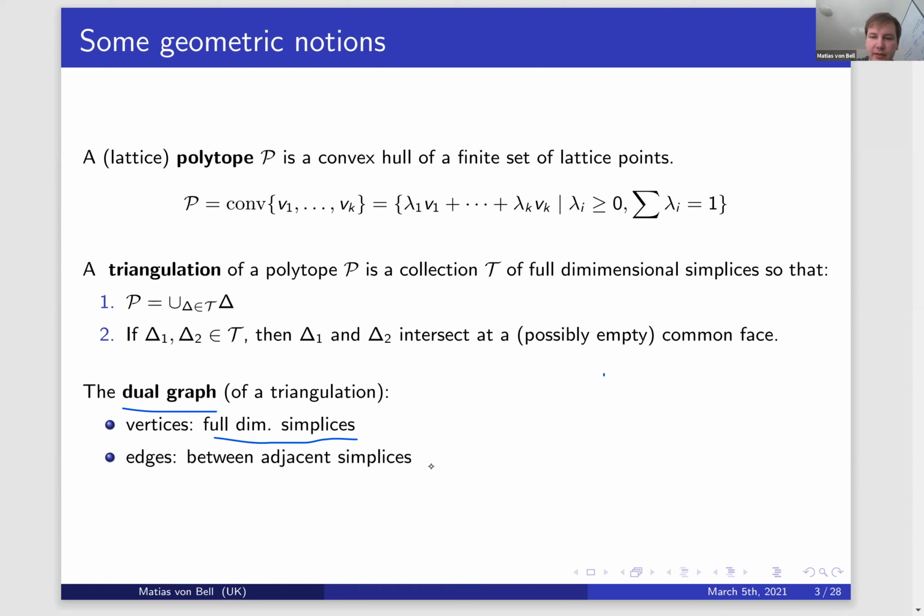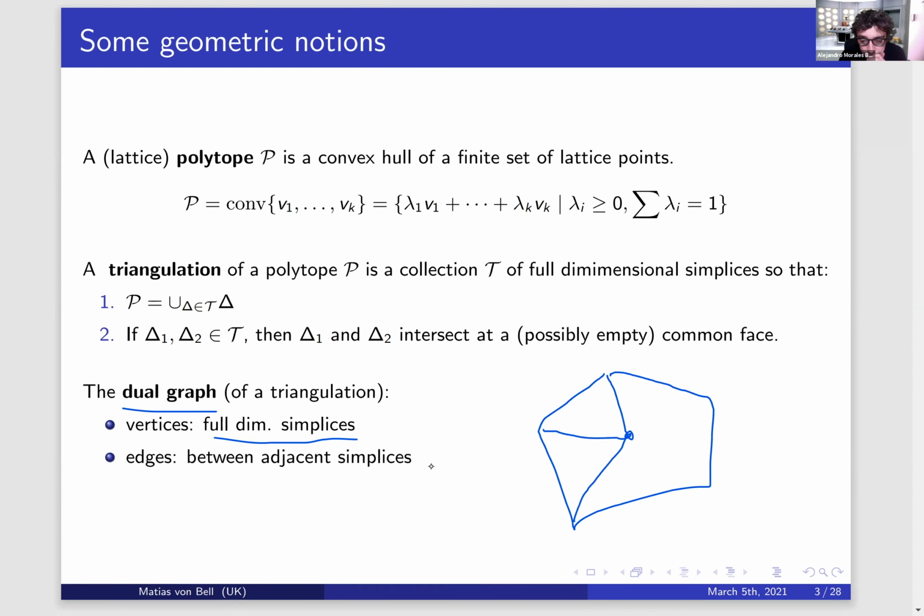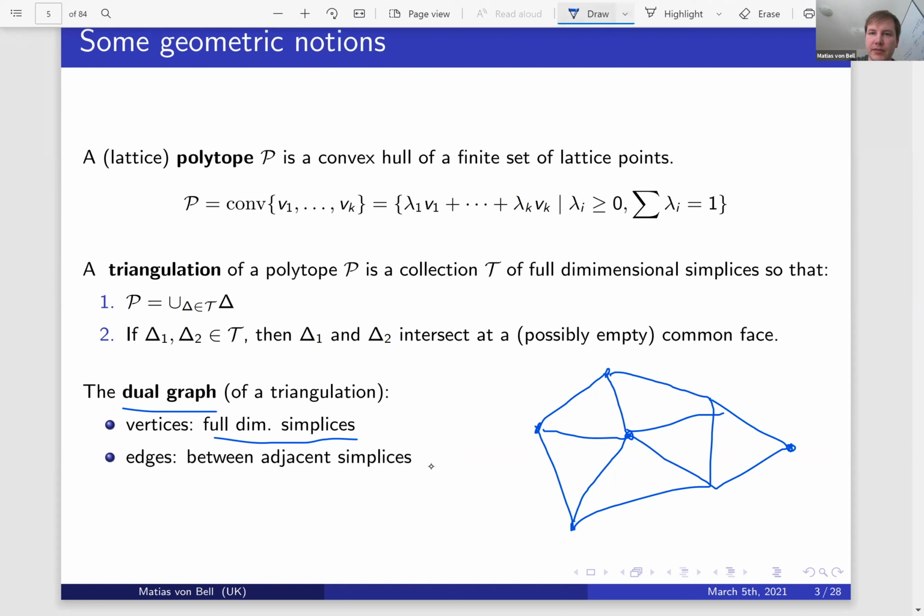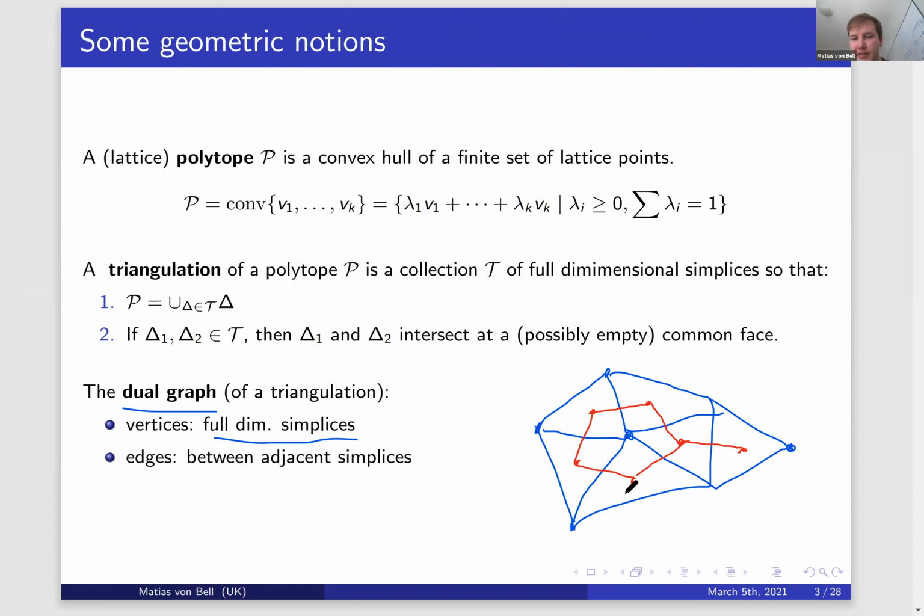So if I have a two-dimensional picture here, something like this, and perhaps this is my polytope and my triangulated polytope, then I can take all of the full dimensional simplices, which in this case correspond to the faces here, and draw an edge between any two of them that share a codimension one face. And so then the dual graph is in the orange here.